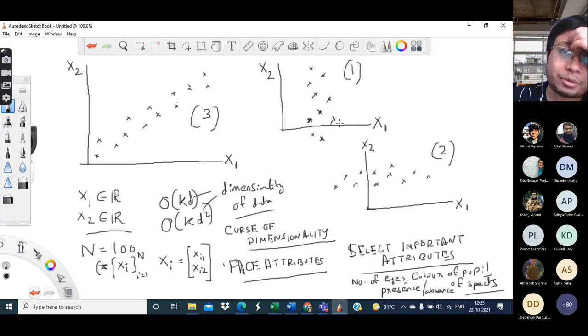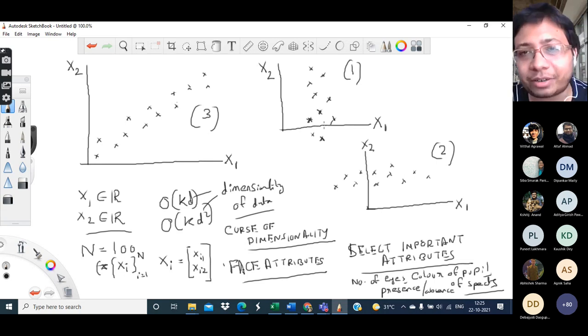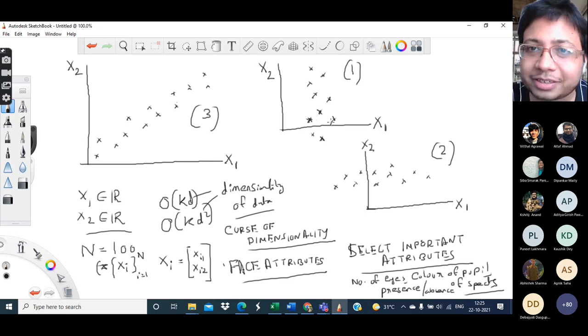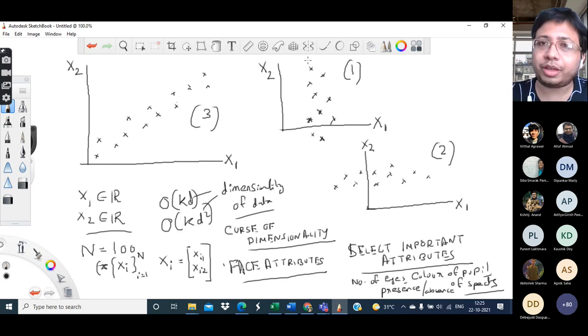So if you look at this particular dataset number 1, here there are two features, x1 and x2. Can you say which feature is important and which is not? X2 is important, x1 is not. Because it's not that all the observations have exactly the same value of x1, but you can understand that the values of x1 lie in a small range, while the values of x2 seem to be quite widely separated.